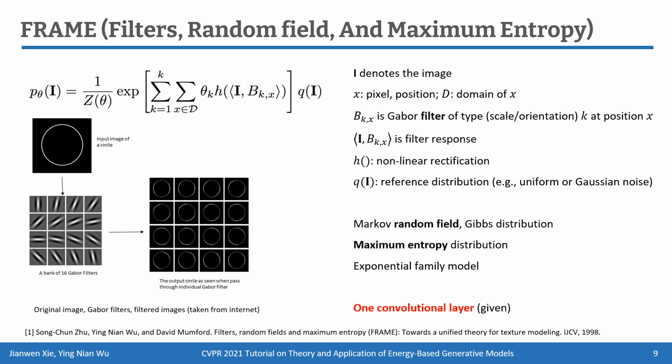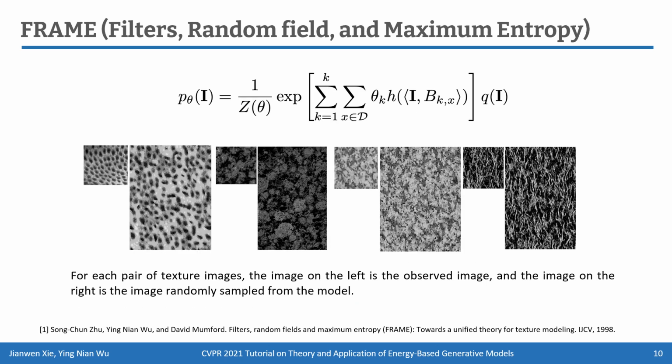It assumes a dictionary of Gabor filters is given, and only learns weight theta on top of the nonlinear transformation of filter responses. These are some synthesized texture patterns sampled from the learned FRAME model by Gibbs sampling.